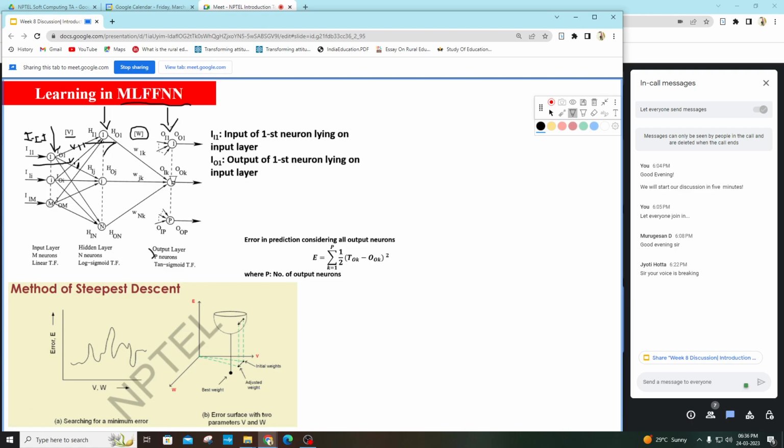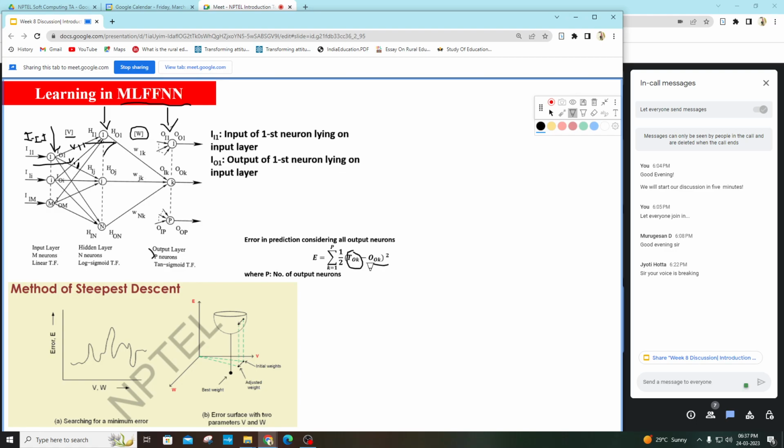So now here, what is happening is you are getting some output, that is okay. Now I have told you in supervised learning you are giving an output pattern also. That output pattern is known as the target output value. So the output value is what your network is predicting, but you have some target output value.